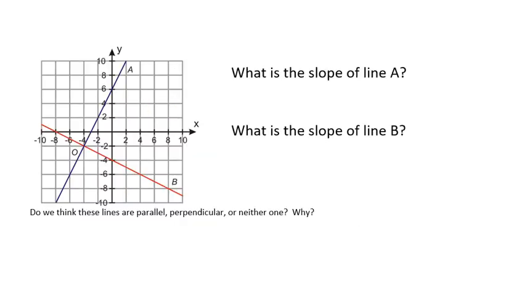Now here, do we think parallel, perpendicular? Neither. Well, I mean, I could see where they might be able to make a 90-degree angle. Let's check out their slopes real quick. Looks like line A is line A from the previous slide.